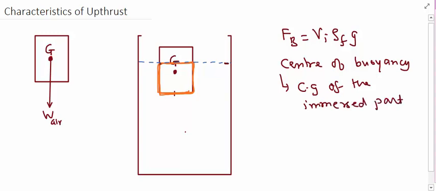So this is the immersed part of the body, and its center of gravity will be this point, at the geometric center of this. Let me use a different color to show center of buoyancy. This point we will call B. This is G and this is B. So we need to keep in mind that upthrust acts through the center of buoyancy, which is the center of gravity of the immersed part of the body.